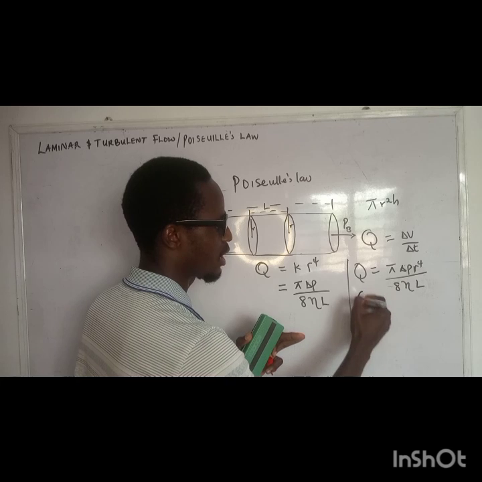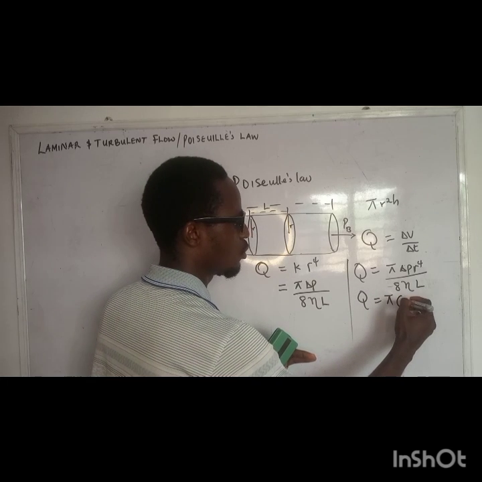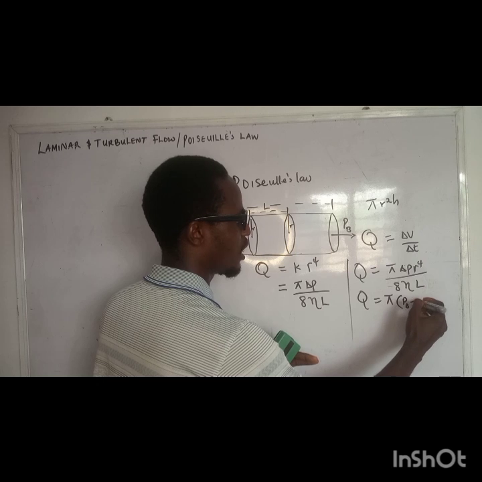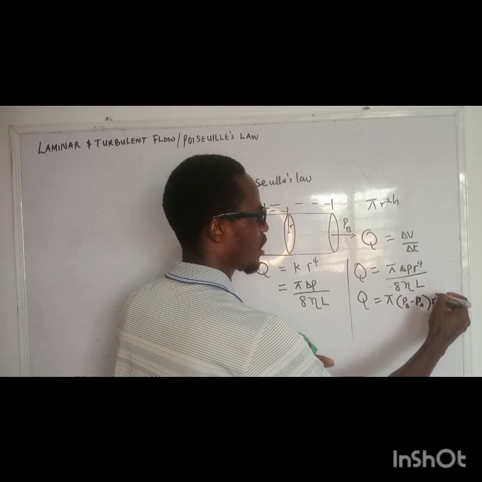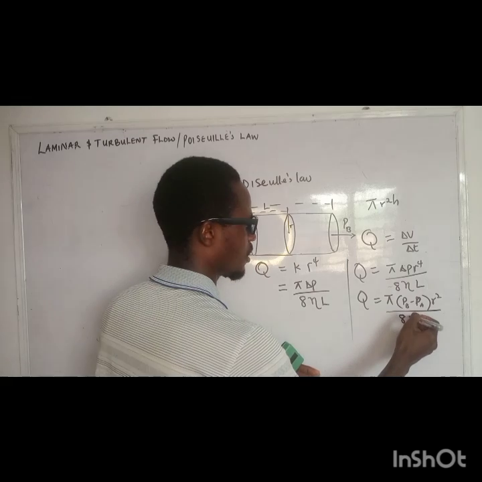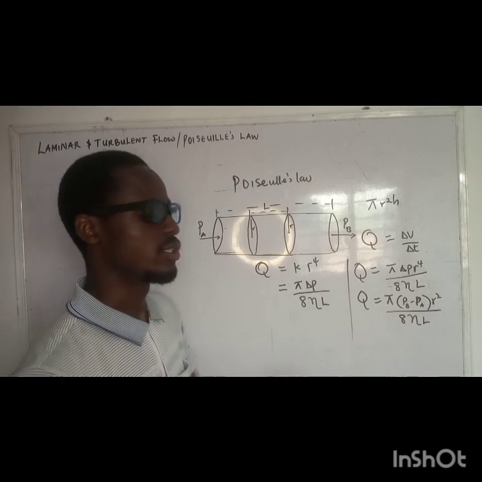So we can write that as Q equals pi into PB minus PA multiplied by r raised to the power 4 over 8 multiplied by the coefficient of viscosity times the length.